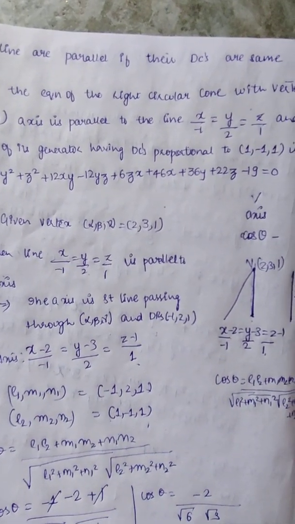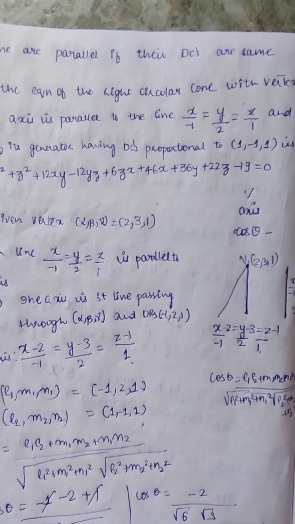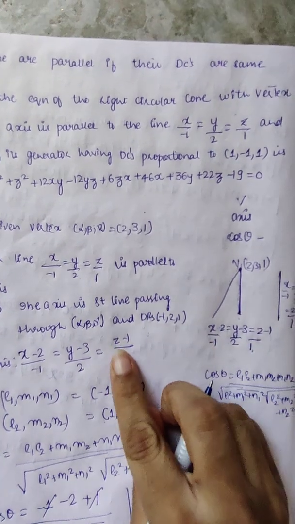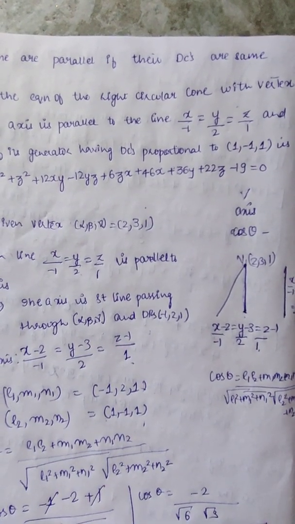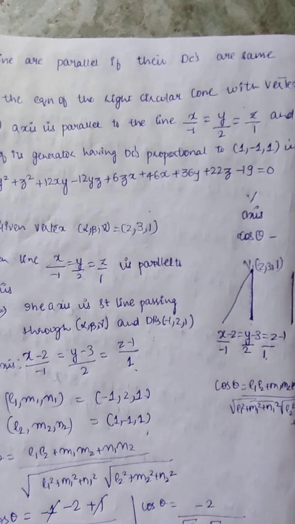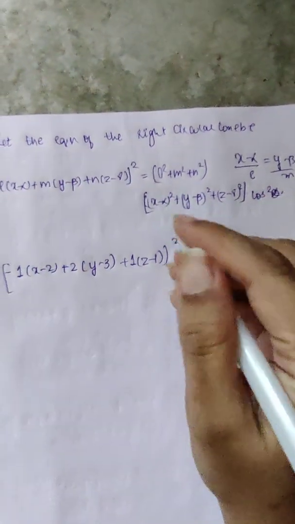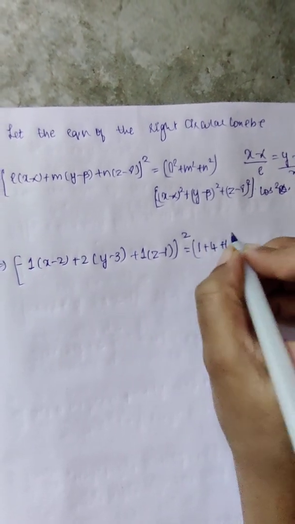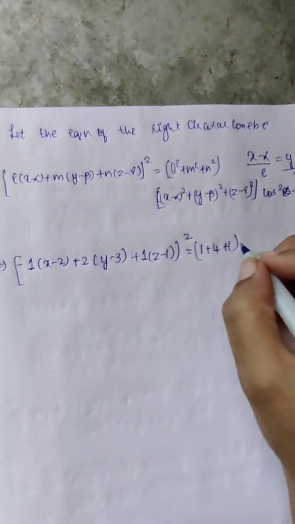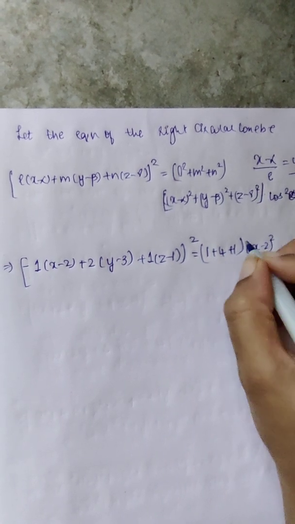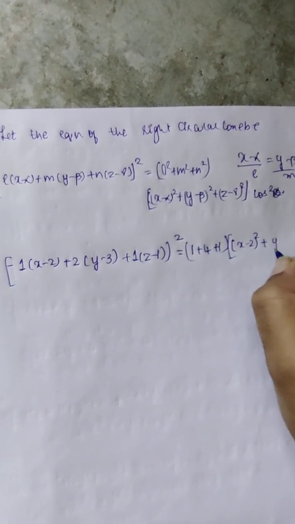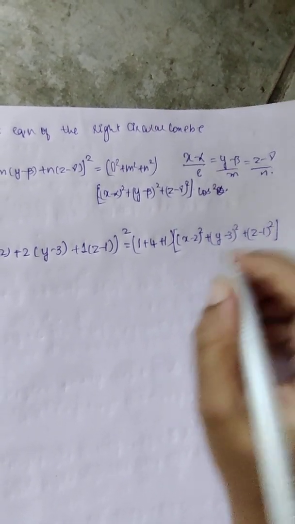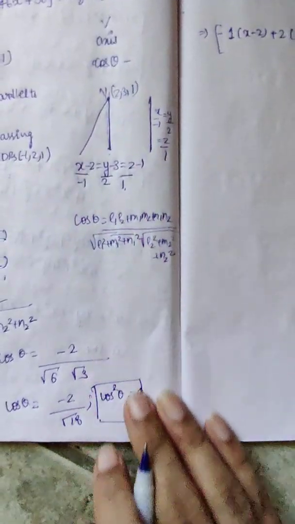So this implies minus 1 into x minus 2 plus 2 into y minus 3 plus 1 into z minus 1, whole square, equals 1 plus 4 plus 1 (l square, m square, n square) into x minus 2 whole square plus y minus 3 whole square plus z minus 1 whole square, into cos square theta, which is 4 by 18.